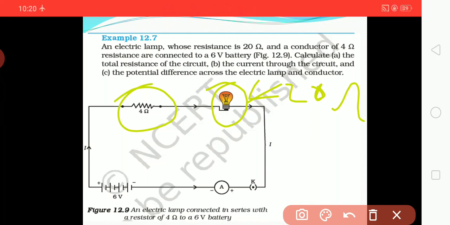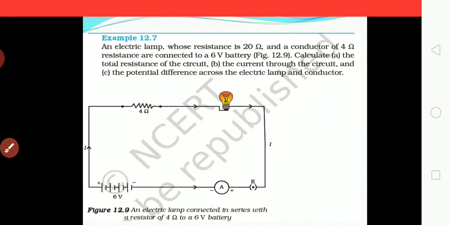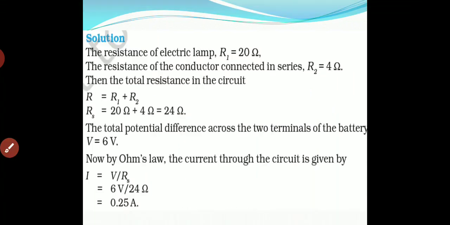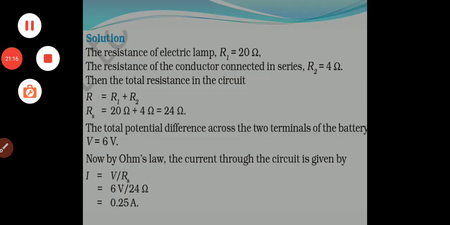Calculate the total resistance of the circuit, the current through the circuit, and the potential difference across the electric lamp and the conductor. So the resistance of the electric lamp is R1 is equal to 20 ohm.